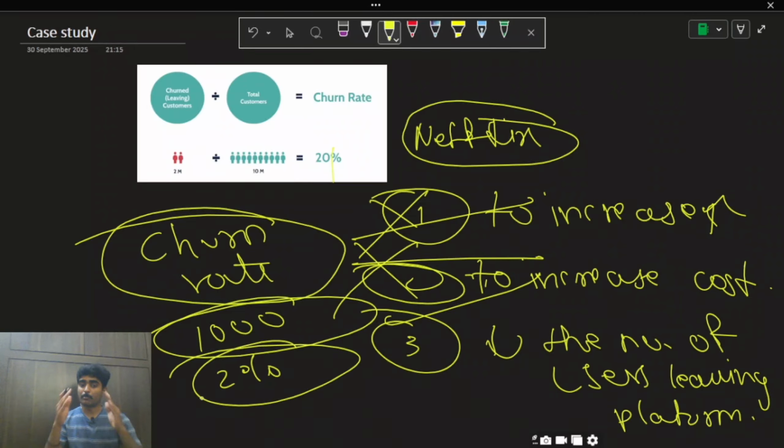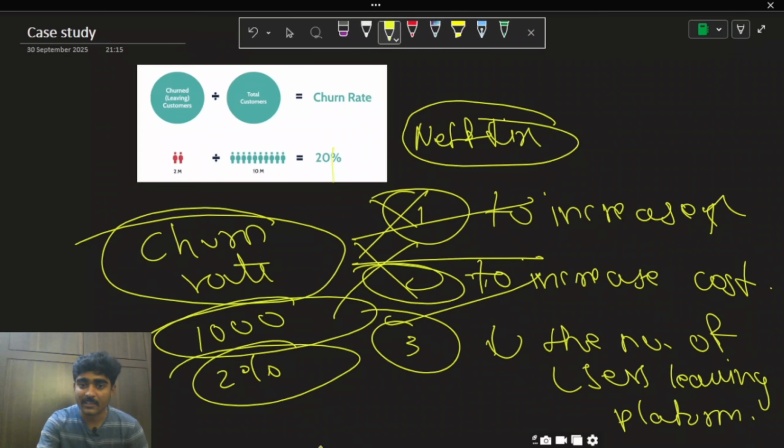Let us say monthly churn rate is 2%, means every month 2% of the people will be leaving the platform. We are not considering the number of new customers adding, we are just considering the number of customers leaving the platform. Let us say there are 0 new customers adding every month, and we are considering churn rate as 2%.